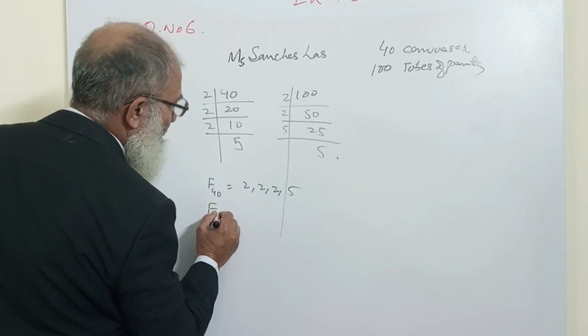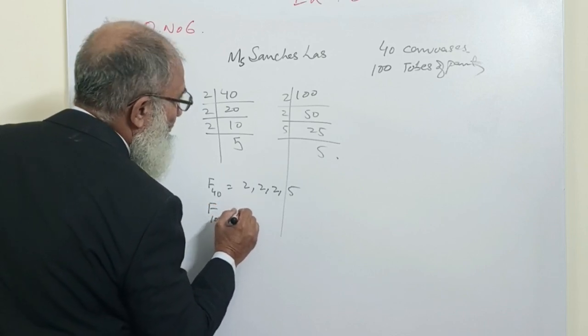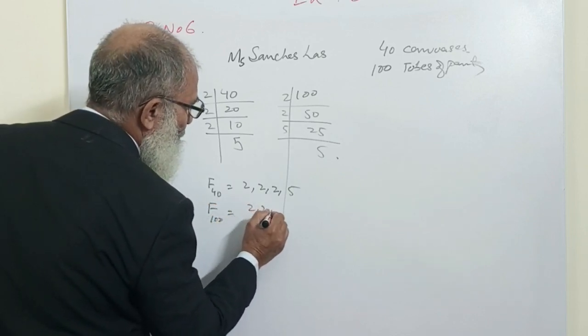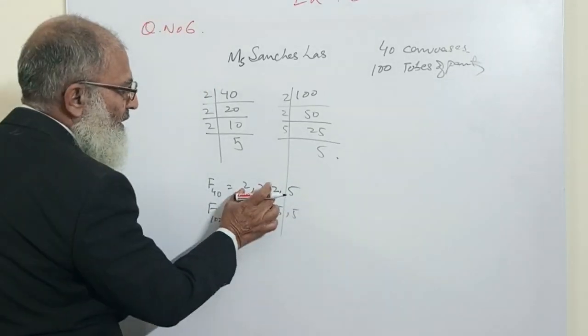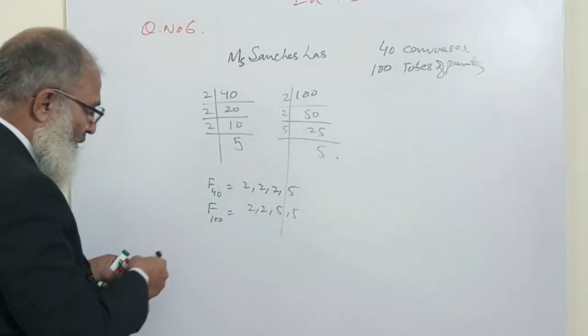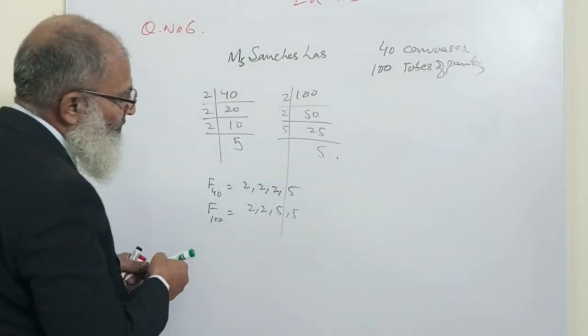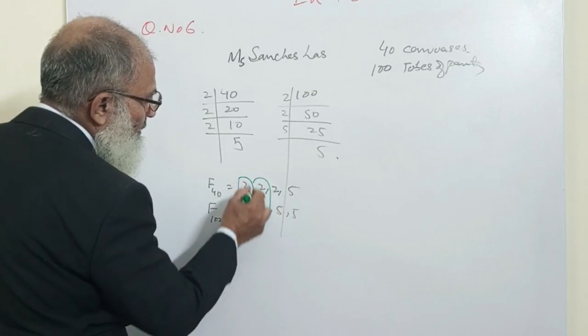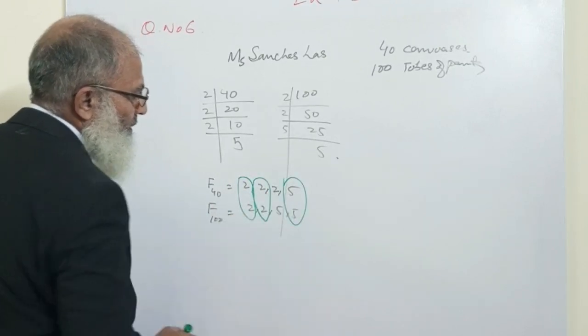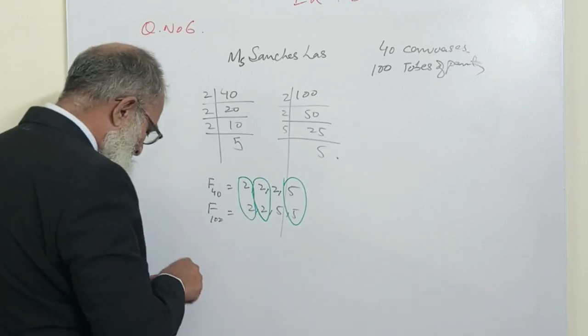And for 100, we get here 2, 2, 5, 5. 2 5s and 2 2s. 3 2s and 1 5. So the common ones are 1, 2, 3. There are 3 commons.